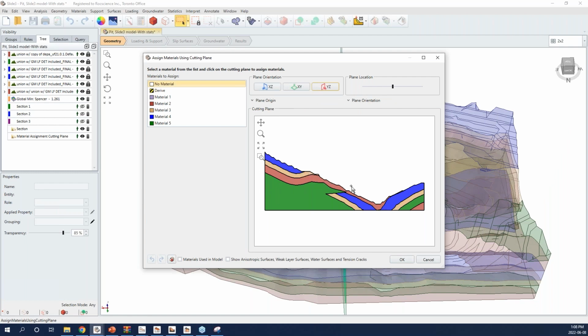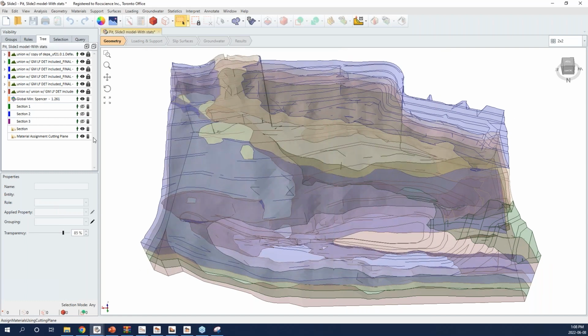These are coming from an original volume, and it was cut with a few surfaces, and we created this model. I talked about it in webinar 1.